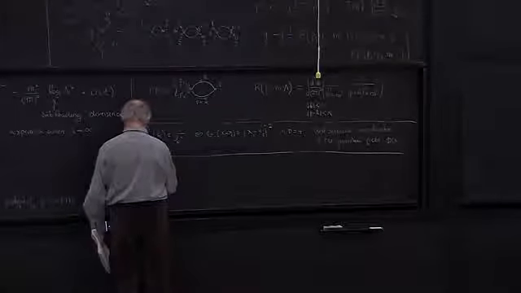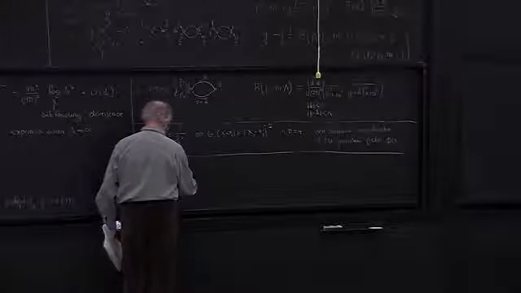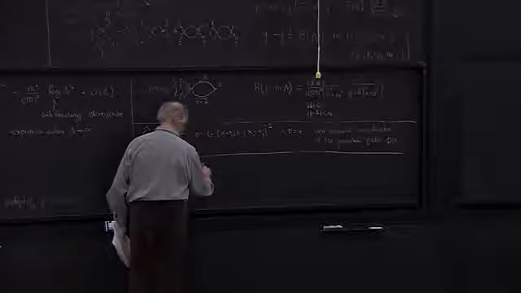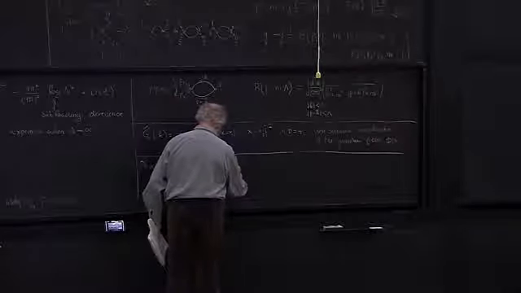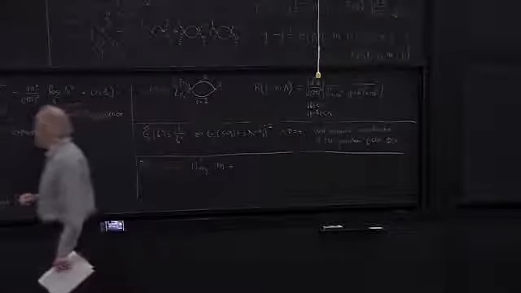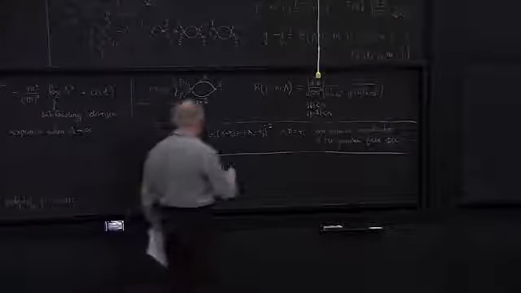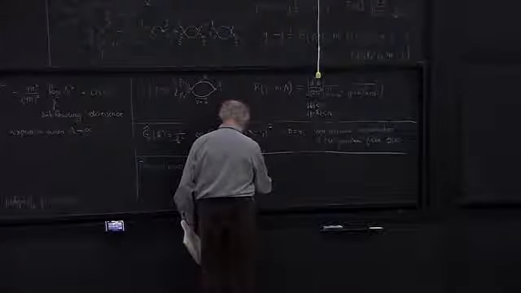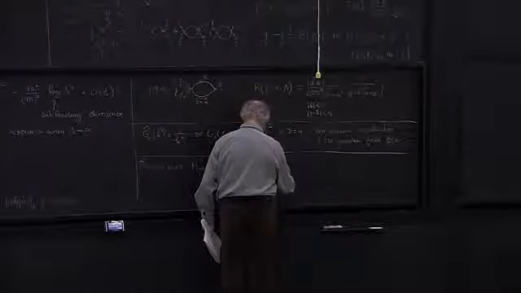The physical mass m physical is given by m squared in this expression plus g times 1/2 T of m and lambda.